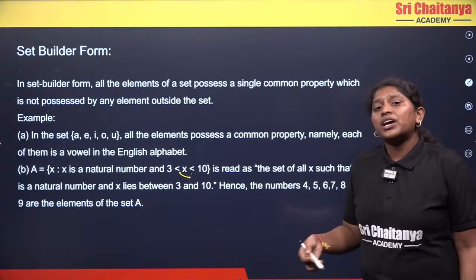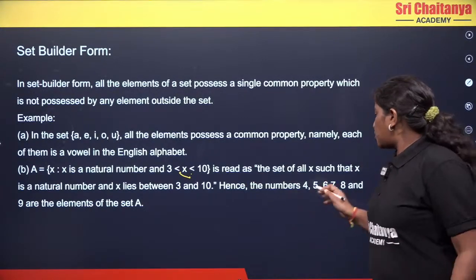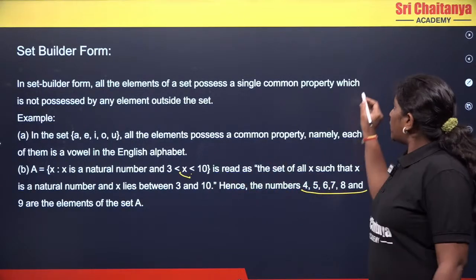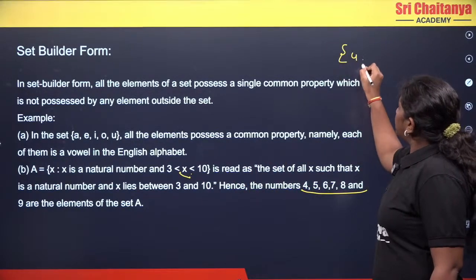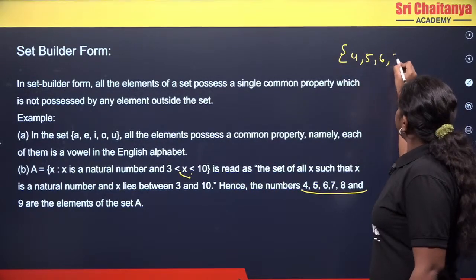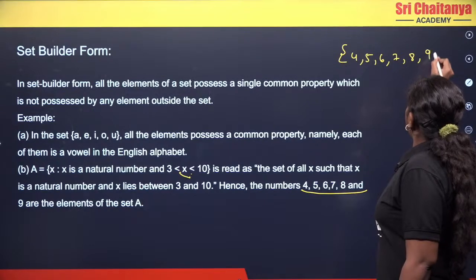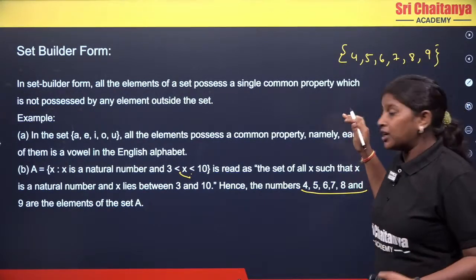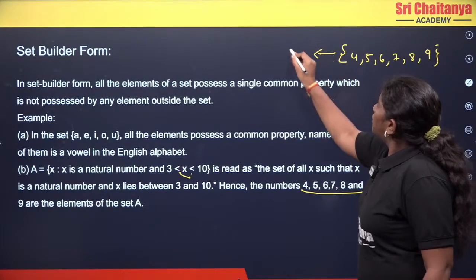What numbers are between 3 and 10? Those are 4, 5, 6, 7, 8 and 9. If I write those numbers individually, like 4, 5, 6, 7, 8 and 9, here I am writing the elements individually, so it will become your roster form.